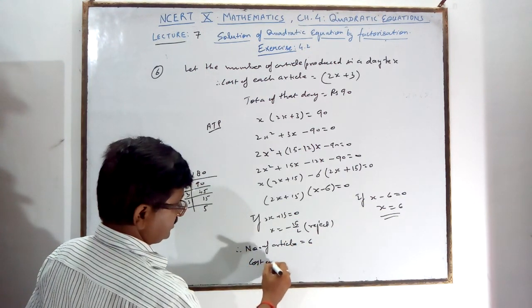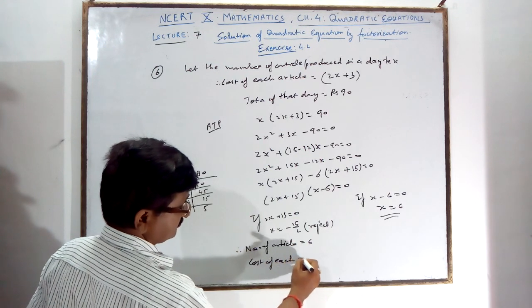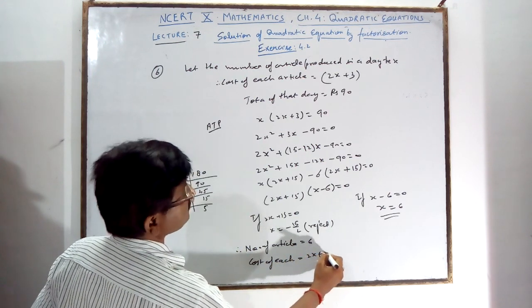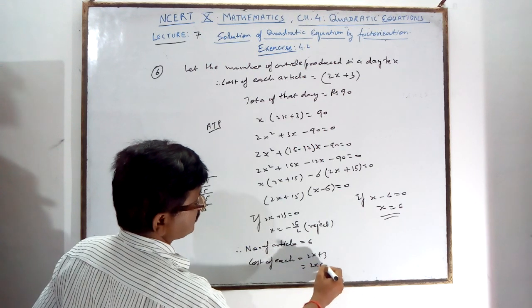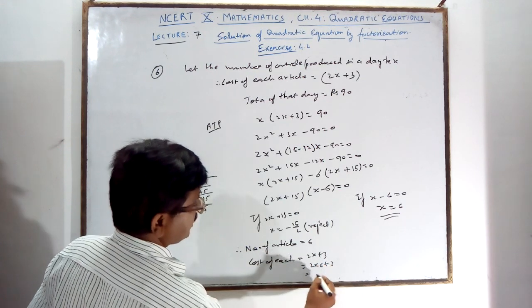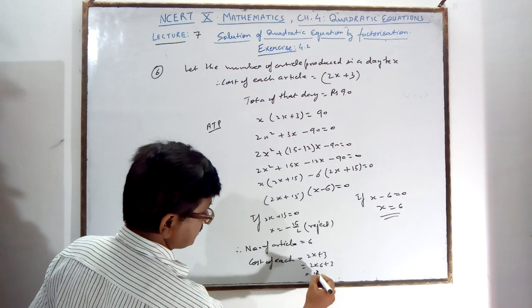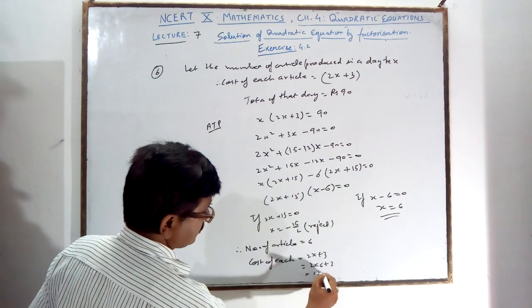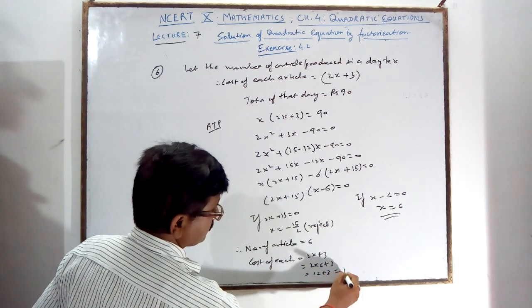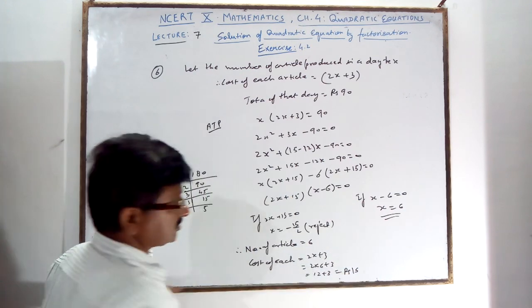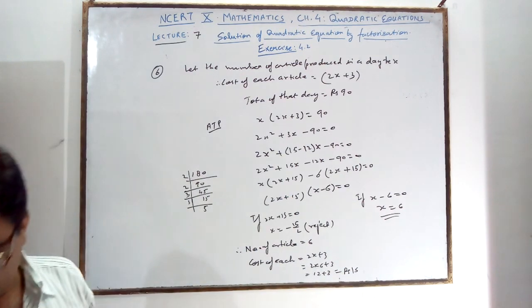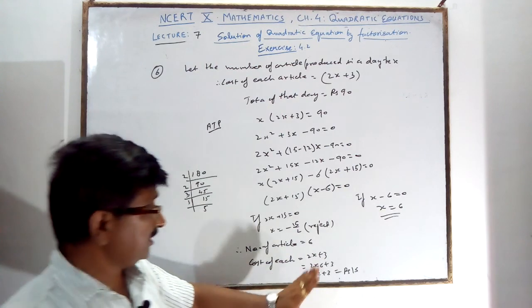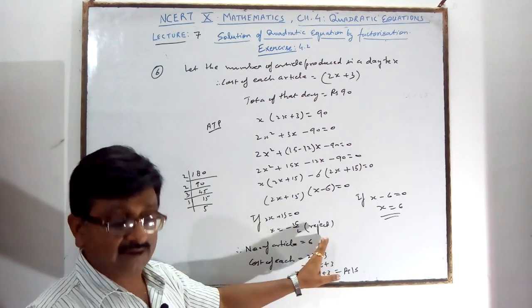Cost of each is 2x plus 3, 2 into 6 plus 3, 12 plus 3. Rupees 15 is the cost of one article and 6 is the number of articles.